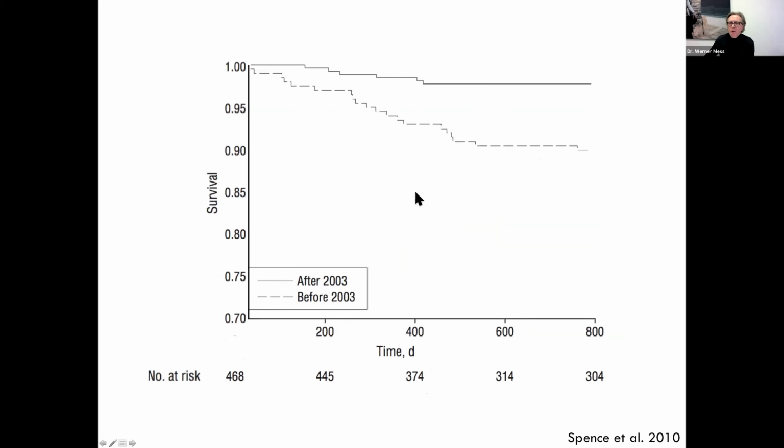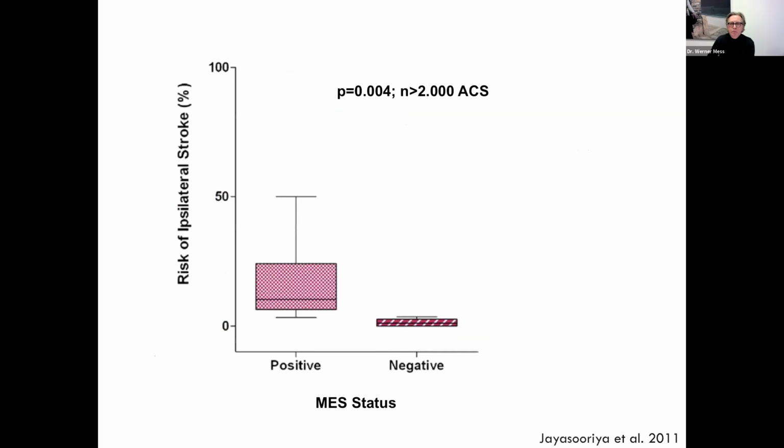But there is an important thing here. What we see is that after 2003, there were many fewer emboli positive patients. But still, even if the authors analyzed only this group, there was a clear-cut relationship with future symptomatology.